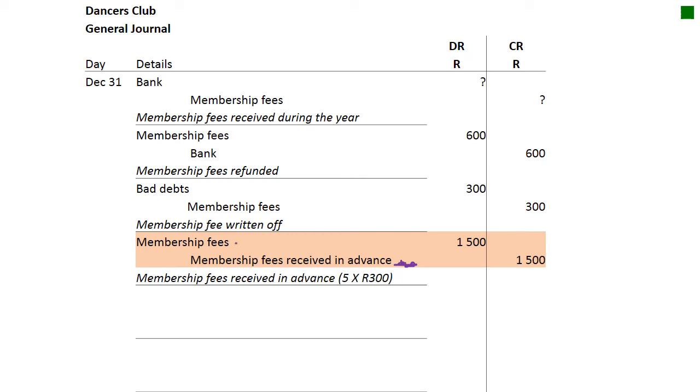We're going to debit that amount to the membership fees account. Remember, the membership fee would be included in the amount that we've got via our bank account. We still have to work that amount out, but this is the amount we received during the year that we credit to the membership fees account. And here we're taking off from that amount the amount that relates to next year's membership fees. So we're reducing the membership fees account by the 5 members that have paid for next year.